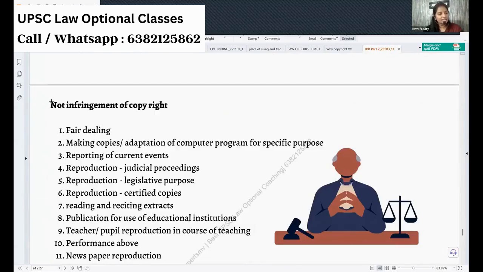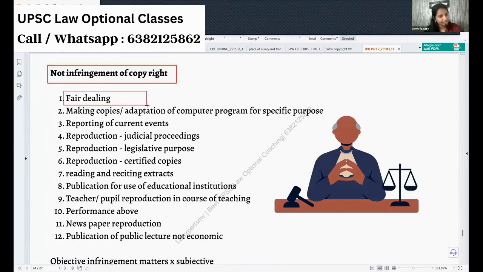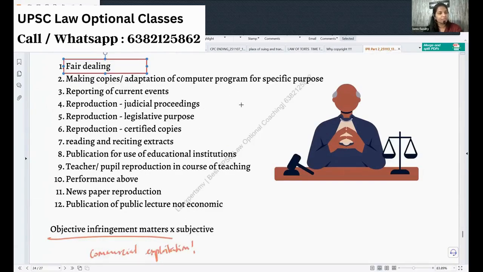Now, certain things I told are not infringement of copyright. We saw already fair dealing, adaptation in computer for specific purposes, reproducing current events. The Hindu is reporting a lot of current events. Can The Hindu say, I have the copyright, I am the newspaper, I reported it first, and others cannot report it?